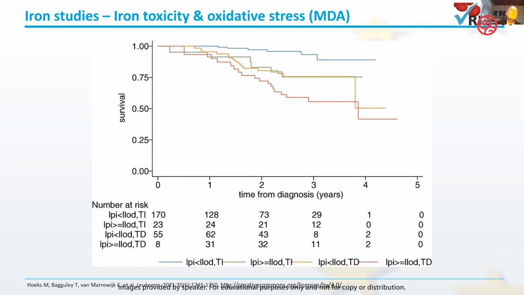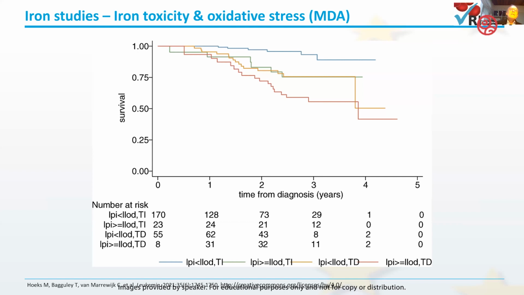In the two curves in the middle, the green line shows patients who are transfusion independent but have labile plasma iron molecules. These are mainly patients who are SF3B1 positive, who have iron overload in a specific cause.